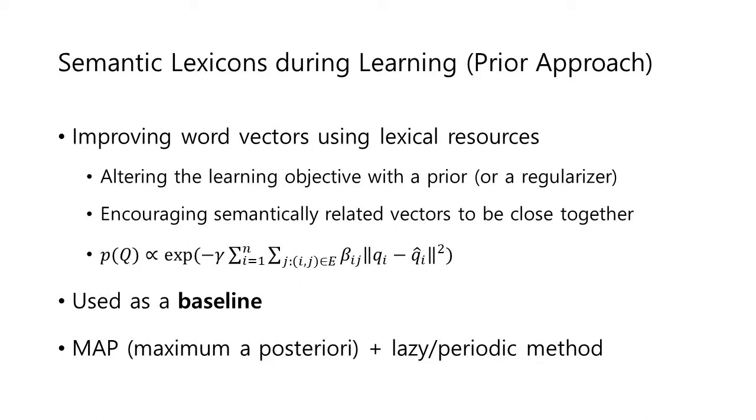P(Q) is the prior of Q and is proportional to the formula on the right. The formula on the right considers adjacent vertices in the ontology. The prior approach will be used as a baseline in the experiment. It is based on maximum a posteriori and lazy or periodic methods.